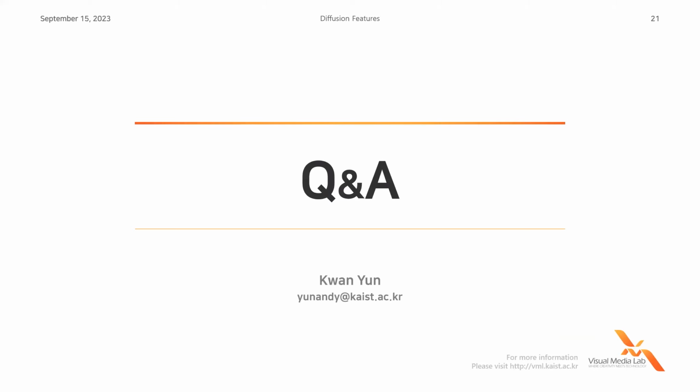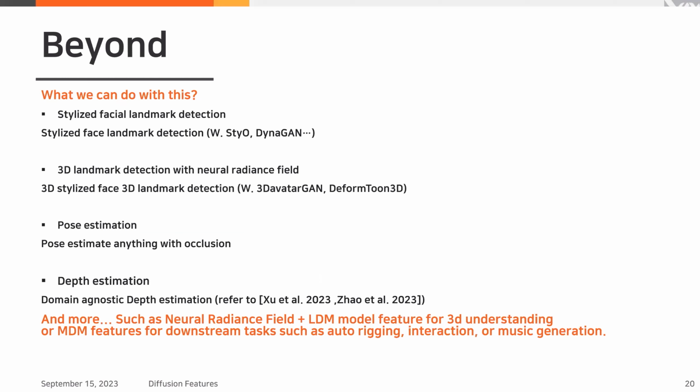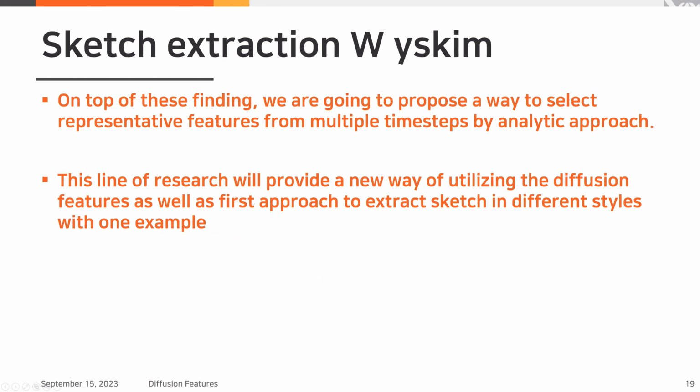In the previous slide, you said you want to extract diverse styles with one example. How is it possible that you have only one example, but then extract diverse styles with one reference maybe? I didn't, sorry for the wrong information.